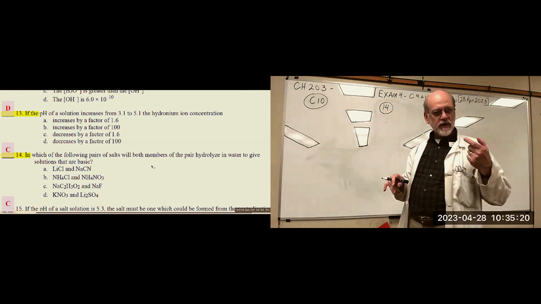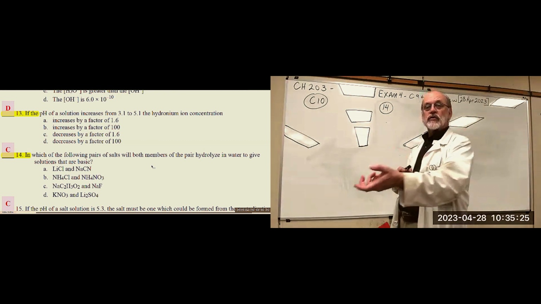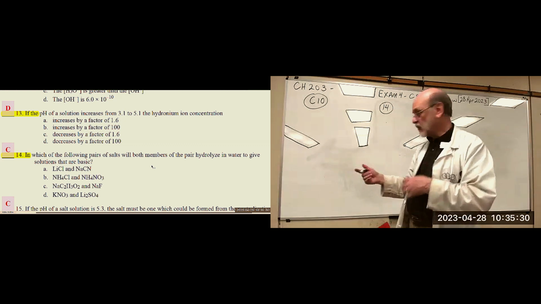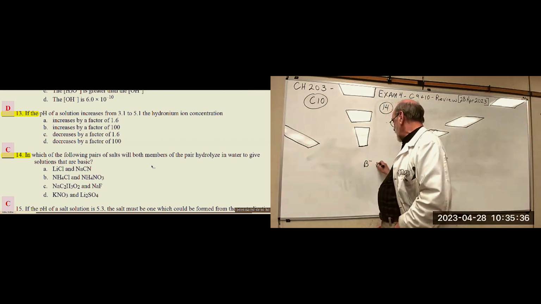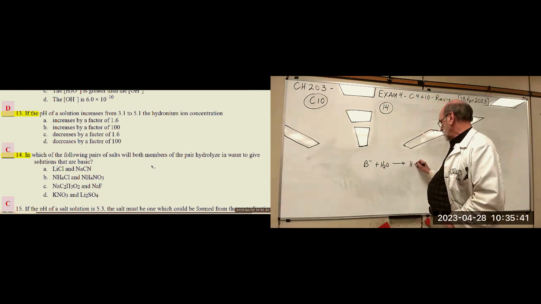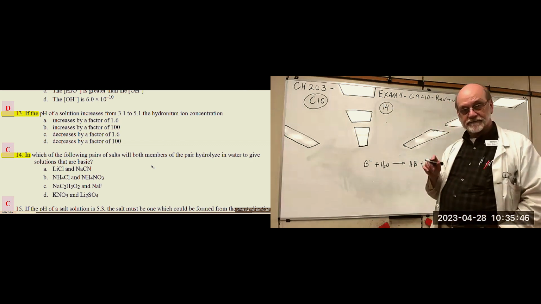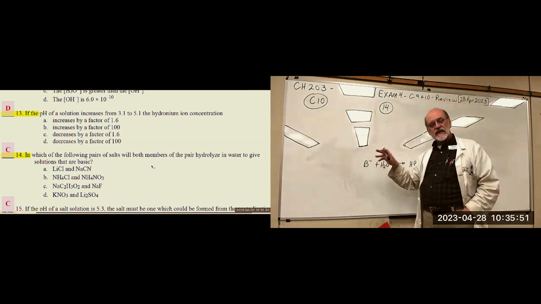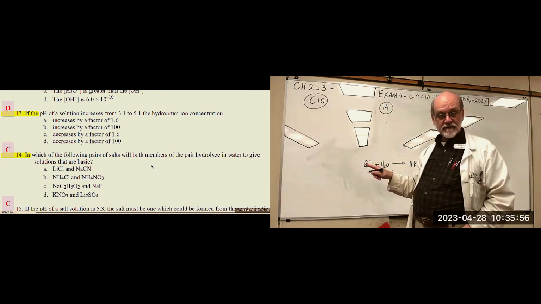So what we're looking for is one that will react with water to take a hydrogen ion and leave a hydroxyl behind. We need some anion to react with water to yield that. So we need an anion that is actually a strong conjugate base of a weak acid.